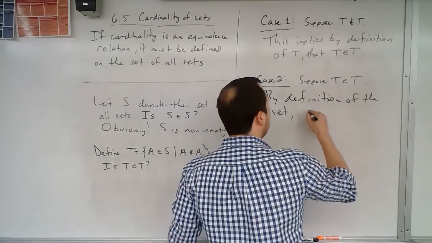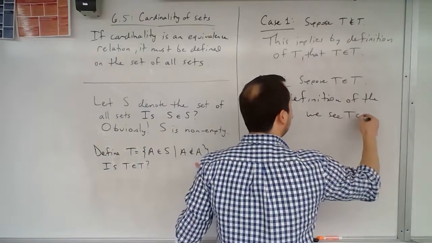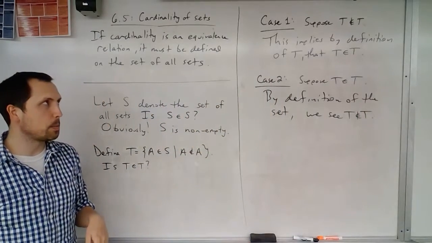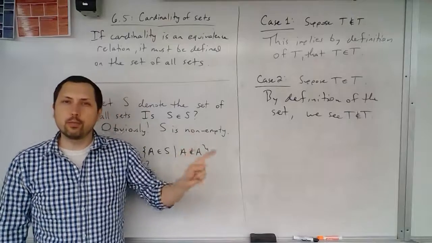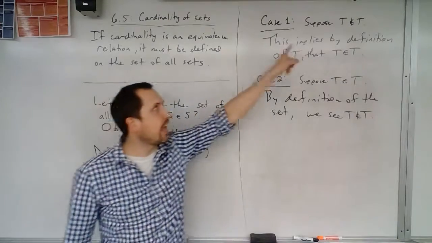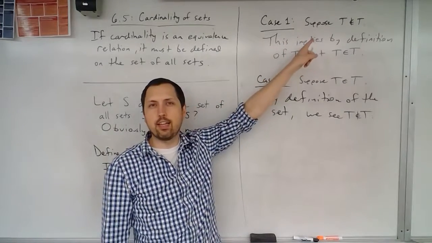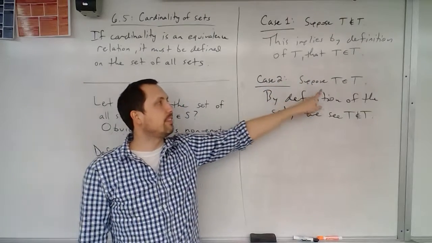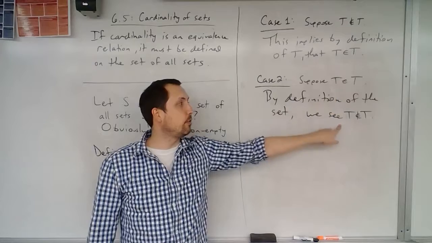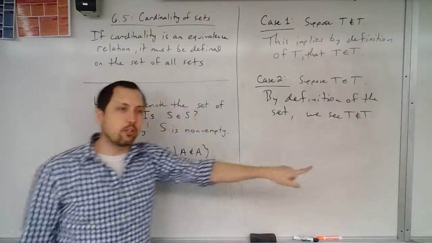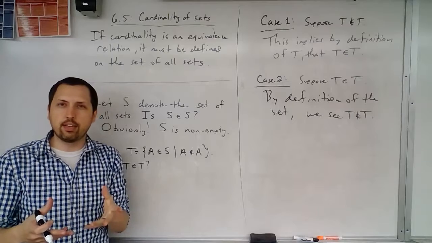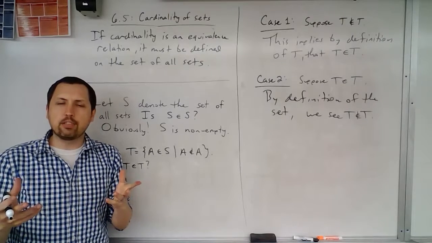By definition of the set, we see that T is not an element of T. Okay, so we have two cases. In this case, we assume that it's not an element, and then we prove that it is. That's a contradiction. Here, we instead say, what if it is an element? And then we show that it's not an element. These are the only two possibilities. But because S is non-empty, we're actually working with something here, not a weird empty set.